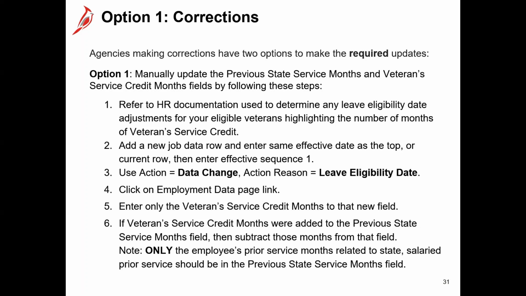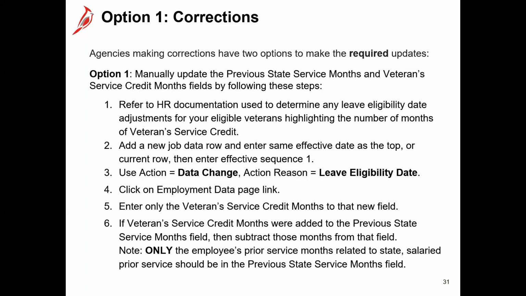Again, you'll add a new job data row as we do when we make any change in HR on the job record, we add a row. For changes that are entered in the system, and the current row is in the current leave year, you're going to use the same effective dated row as the current row or top of stack.